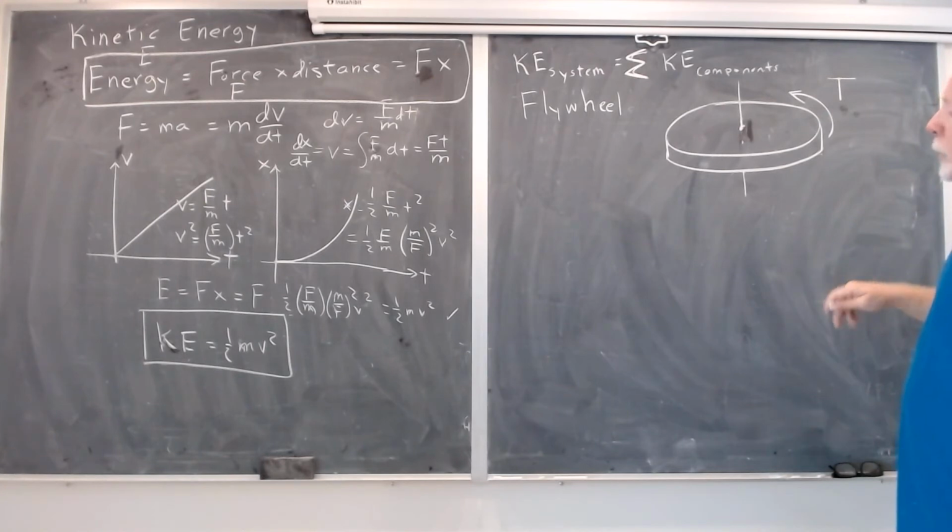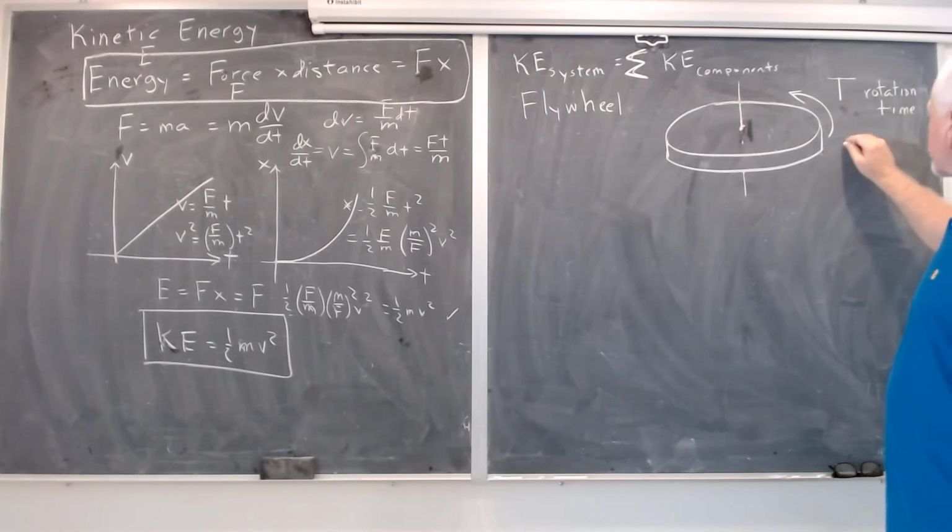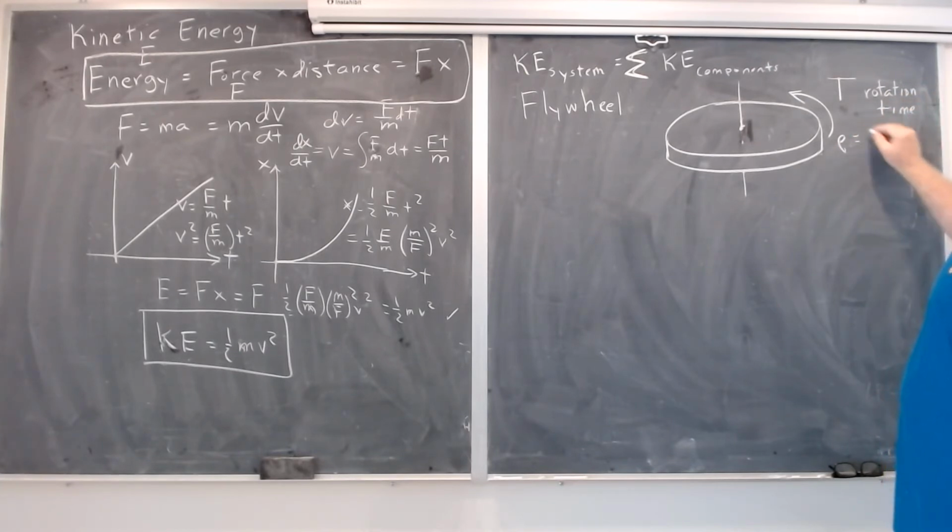Now, we also have to know things about the mass of the flywheel. And for that, we'll use, so this is the rotation time, and we'll use rho, the mass density, or the mass per unit volume.